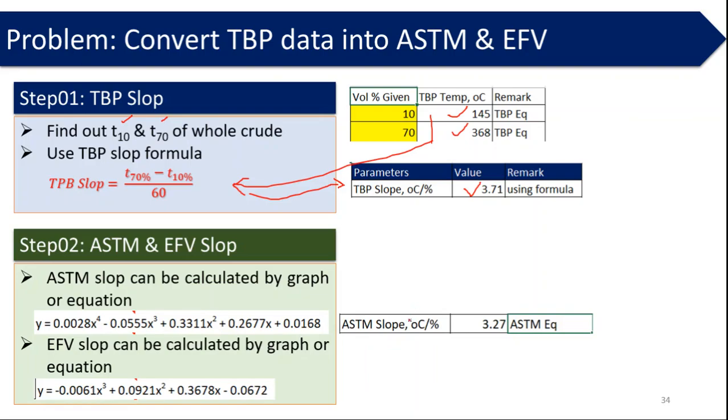If you go for ASTM, you will find the value is 3.27 degrees per percentage, and if you use the equation for the EFV slope, you can find the value is 2.26. So in this way we can complete the TBP slope, ASTM slope and EFV slope.